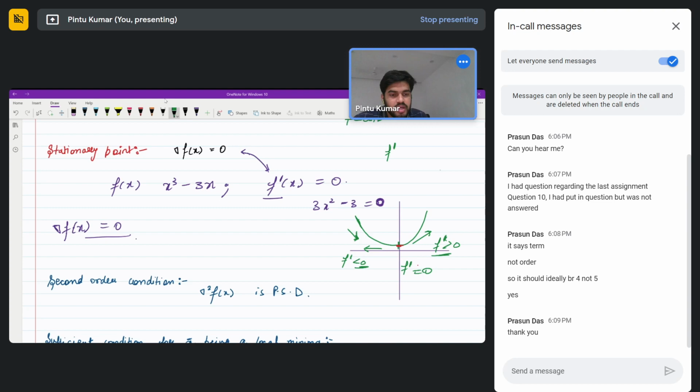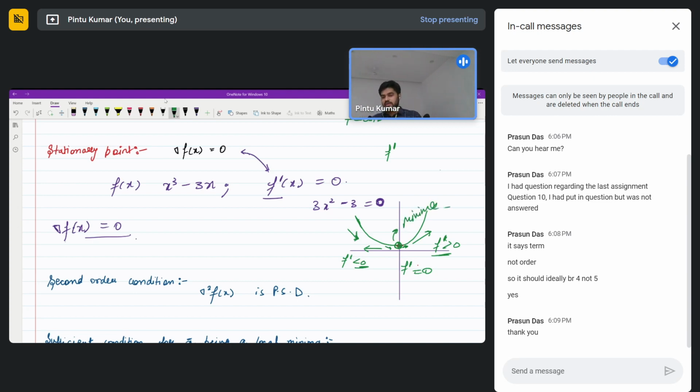That is the point where you have your minimum or maximum, because after this point your function has started increasing, because the derivative has become positive, and before this point your function is still decreasing. Towards the left it is decreasing, and after that it has started increasing. So this is the point of minima. Okay, so this is the idea.